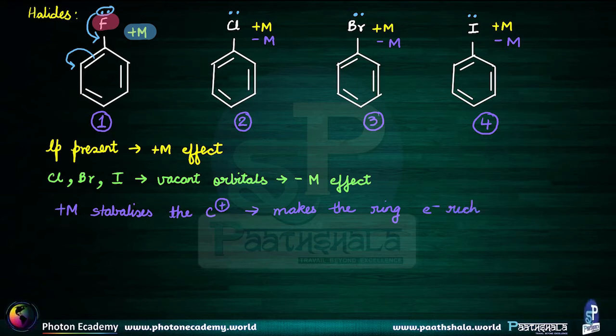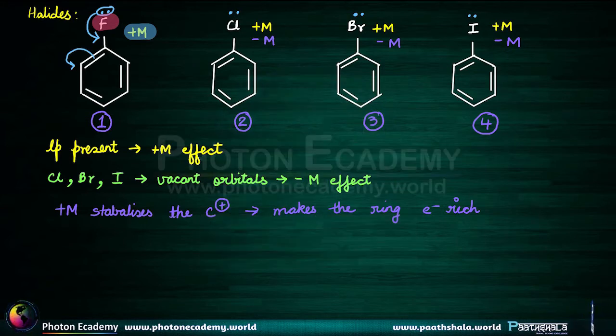Since only the first one has a plus M effect and no minus M effect, we are making the ring electron rich. So of course electron density is the highest in 1.